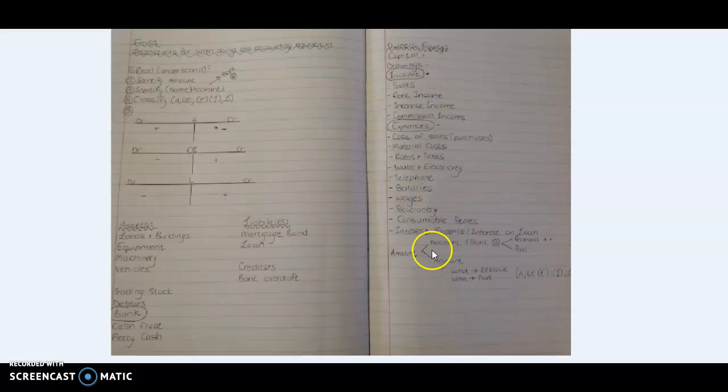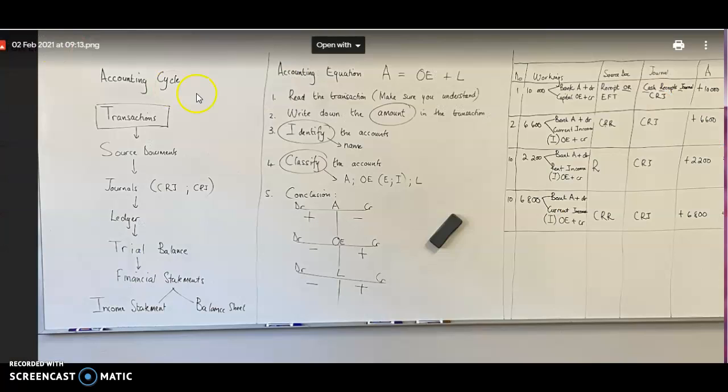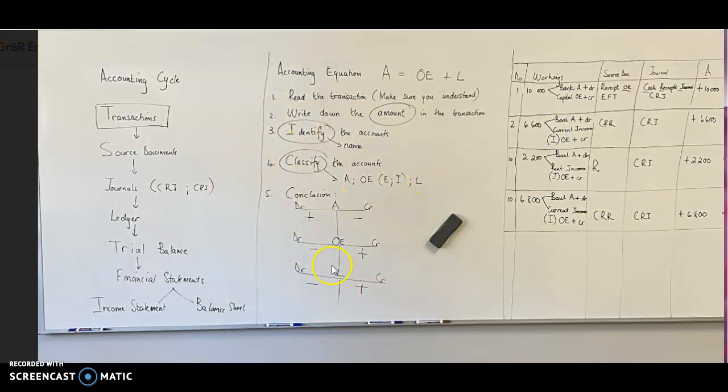And let me see, what is the next step? Here, where do we go? We want to be here. Okay, so in conclusion, your assets will have pluses on the debit side and minuses on the credit side, right? Because these are the things that it's a positive for you that you own things.